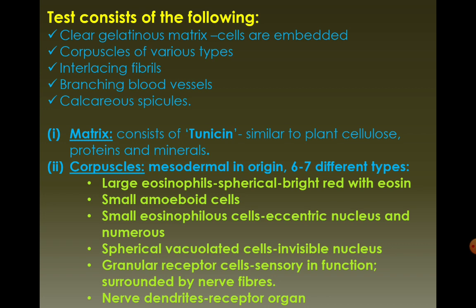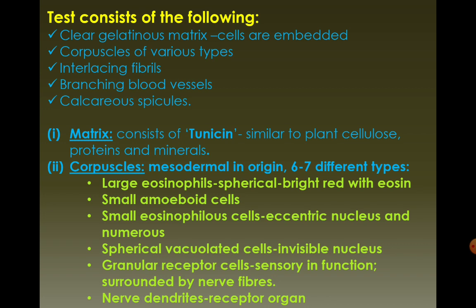One is the large spherical or ovoid cells that stain easily with eosin and hence are called eosinophilous cells. And then we have amoeboid cells that are smaller than the eosinophilous cells, which are few in number and scattered through the matrix. Then we have numerous small eosinophilous cells, each with an eccentric nucleus scattered throughout.